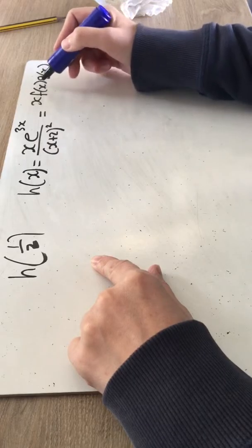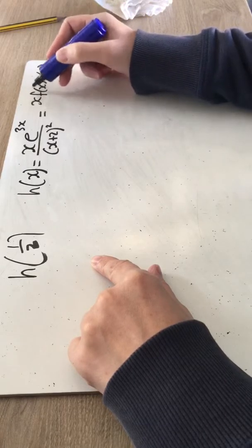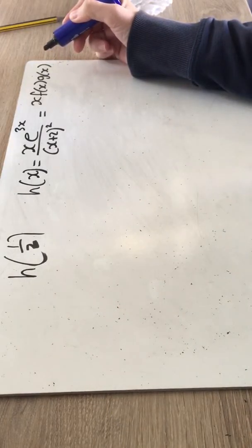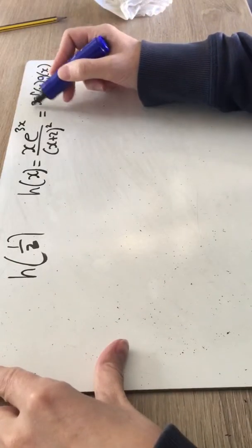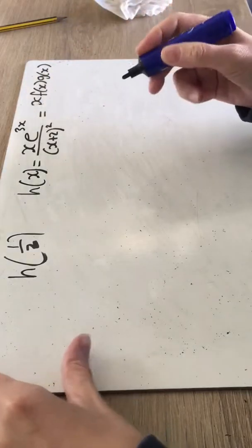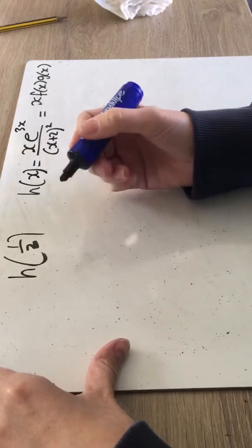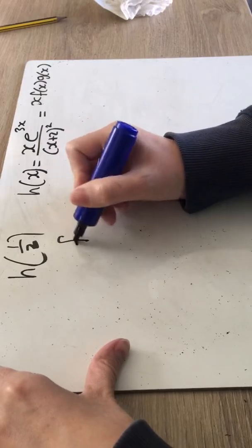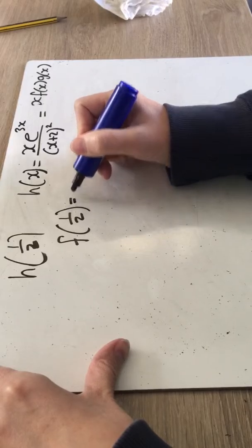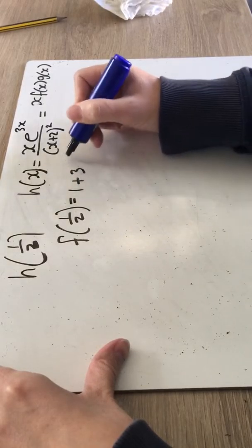So all we need to do is substitute a half into f, a half into g, get what those are, and then substitute in a half for x, and then work out that whole thing. So first thing we're going to do is work out what f of a half would be. So it would be 1 plus 3 times a half.